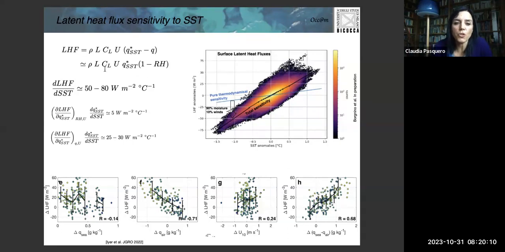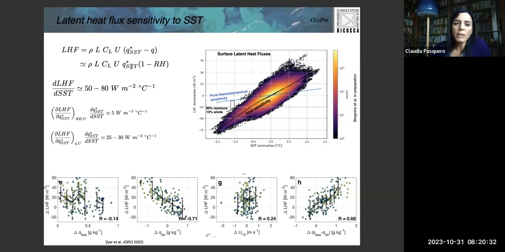The only thing that changes is SST affecting Q star SST, Q saturation of SST. It's a relatively small change, and that's the kind of change we would expect at large scale, assuming that the atmosphere has time to adjust and equilibrate with the ocean underneath.